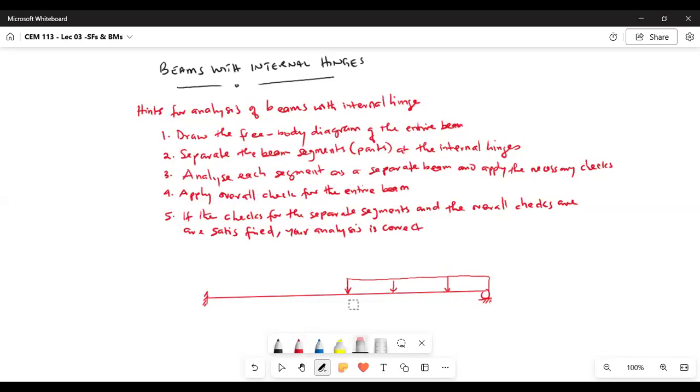And let's say we have a hinge here. We have a hinge. Let's say we have a force here.